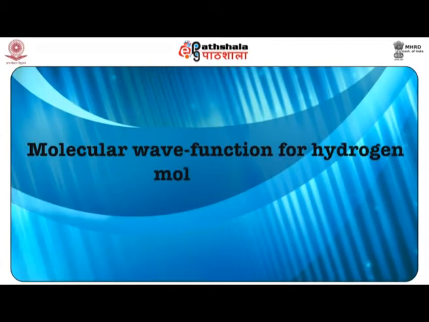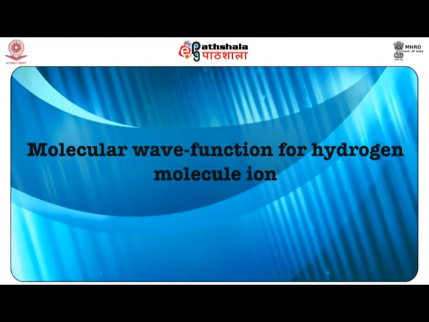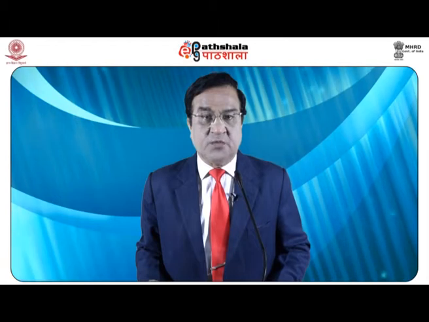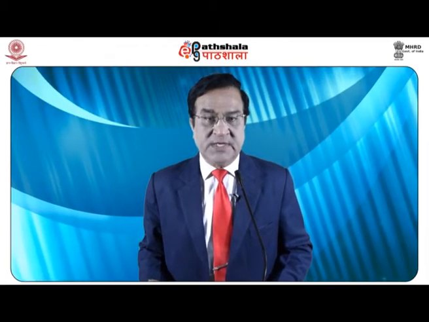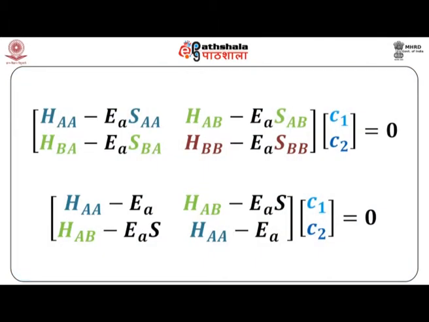Let's now look at the molecular wave function for the hydrogen molecule ion. We have already seen that this is given by the relation C1 psi HA1 plus C2 psi HB1. But what are the values of the coefficients? These one can get by the solution of the secular equations as we have done here.